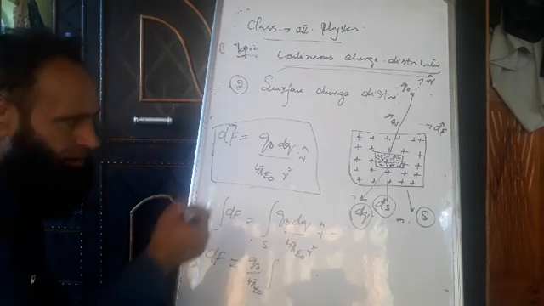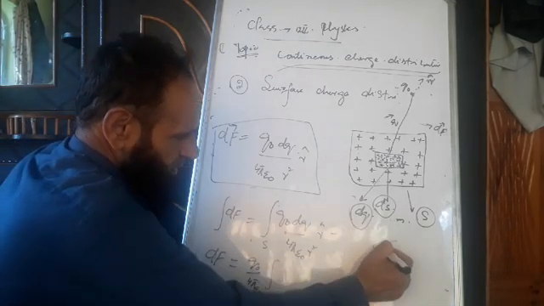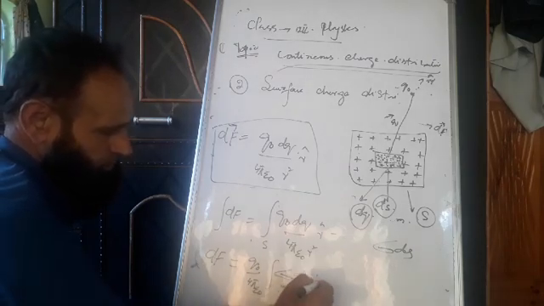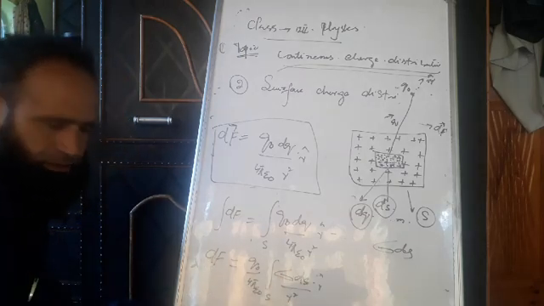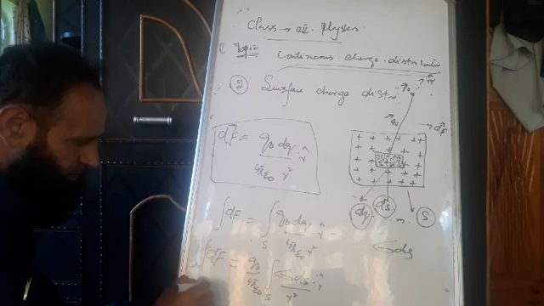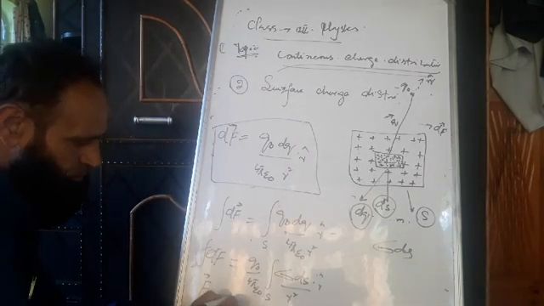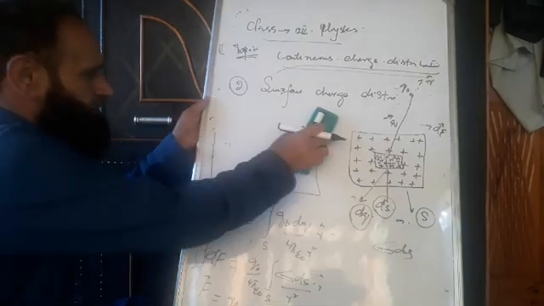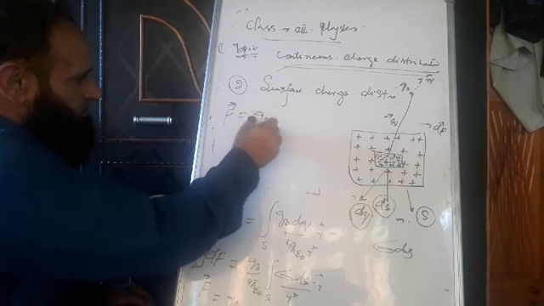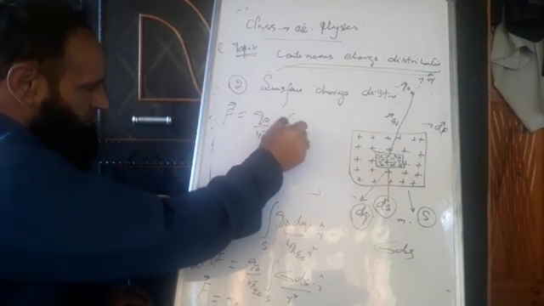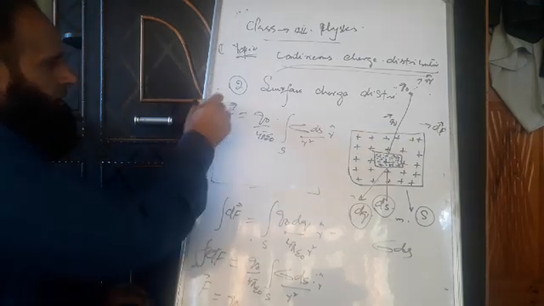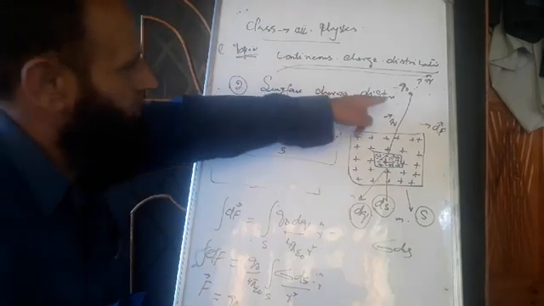Instead of dq, we write sigma ds. After integrating df, only F remains. So the total force F is equal to Q naught by 4 pi epsilon naught times the integral over S of sigma ds divided by r square, times r cap.